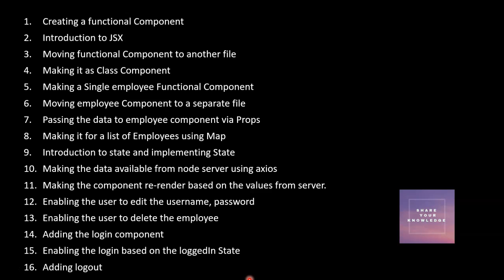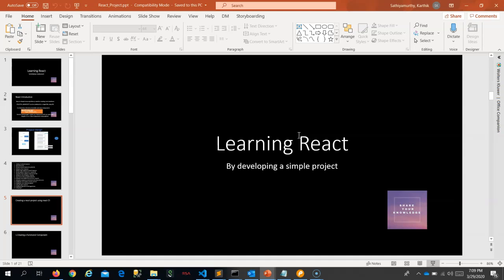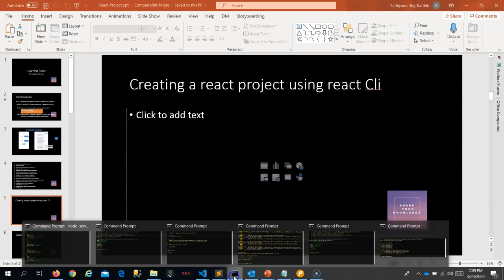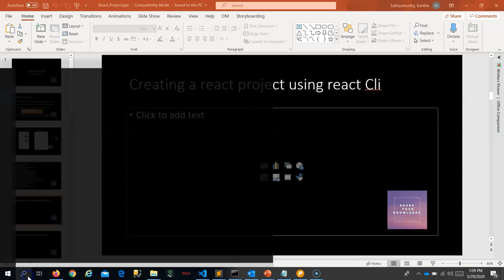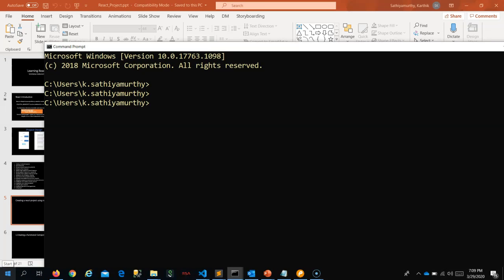So let's proceed with the first requirement, that is to create a skeleton React application using React CLI. Once you download Node, you will get npx, using which you can create a React project.